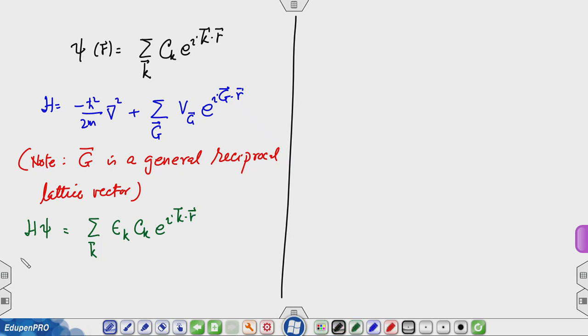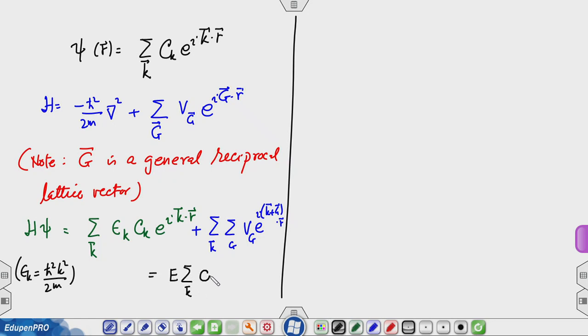Just a reminder on the side that epsilon k is h cross square k square over 2 m, plus summation over k summation over g V g e raised to I k plus g dot r, that is the potential term, and this should be equal to E summation over k c k e raised to I k dot r.